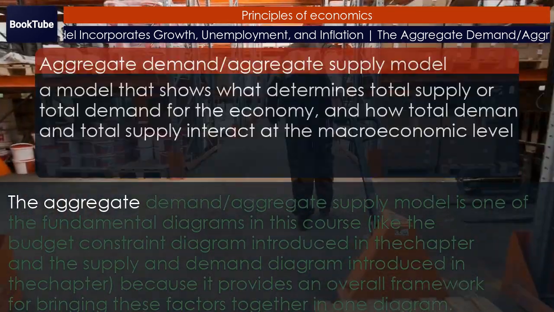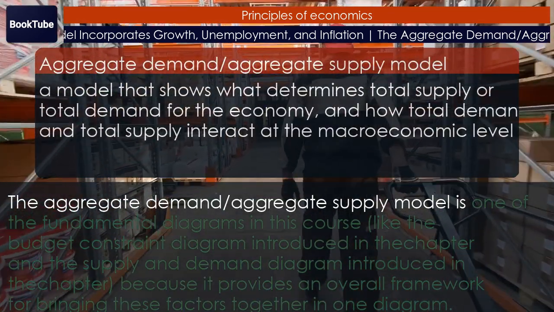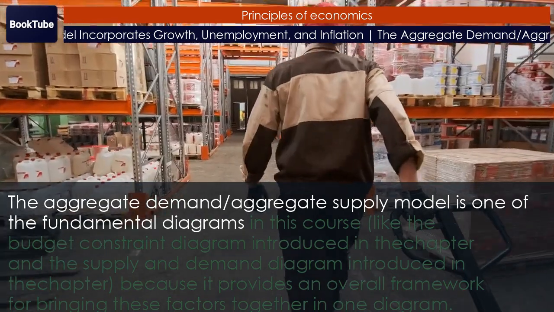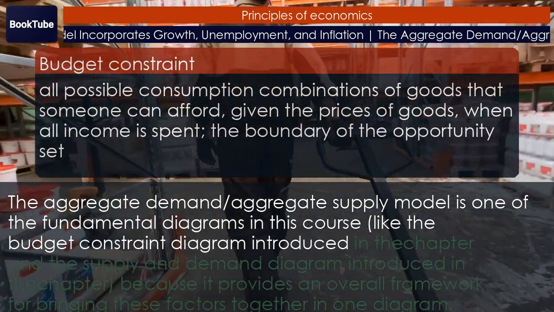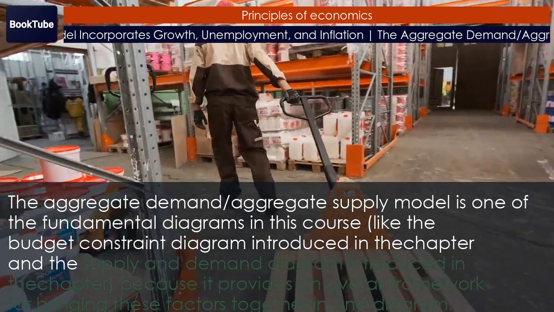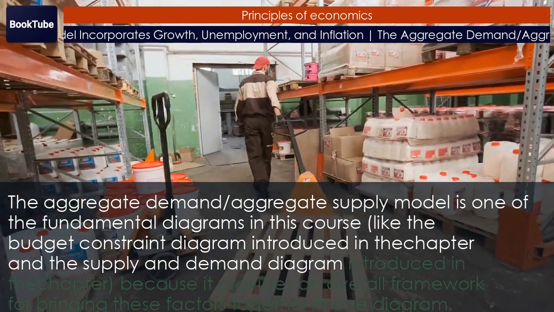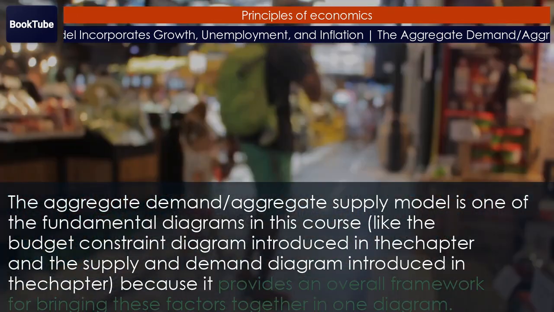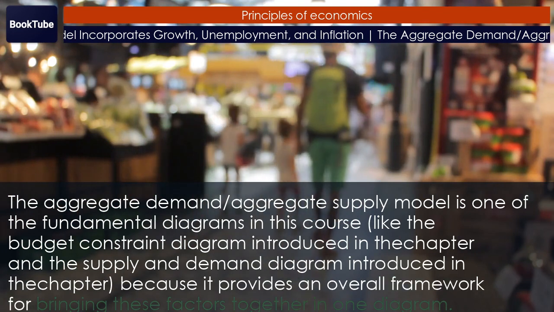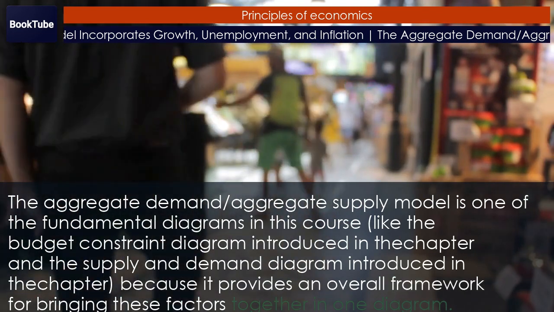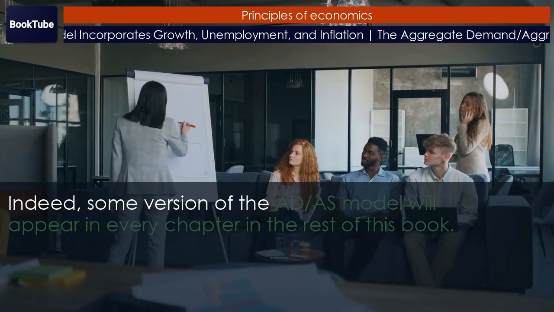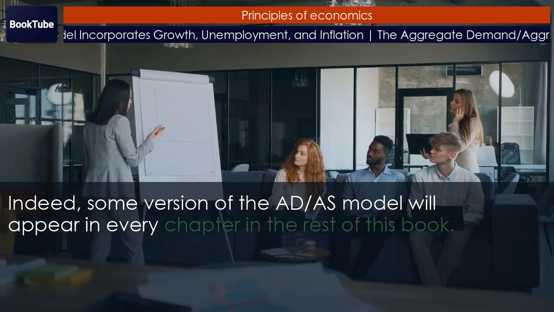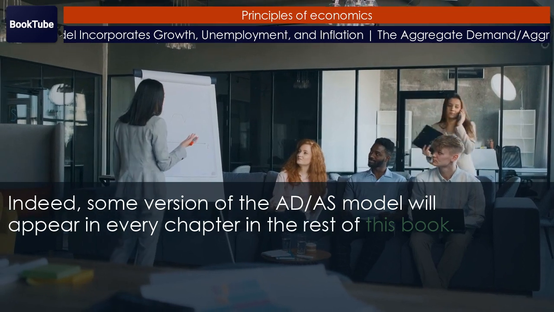The aggregate demand, aggregate supply model is one of the fundamental diagrams in this course. Like the budget constraint diagram and the supply and demand diagram introduced earlier, it provides an overall framework for bringing these factors together in one diagram. Indeed, some version of the AD/AS model will appear in every chapter in the rest of this book.